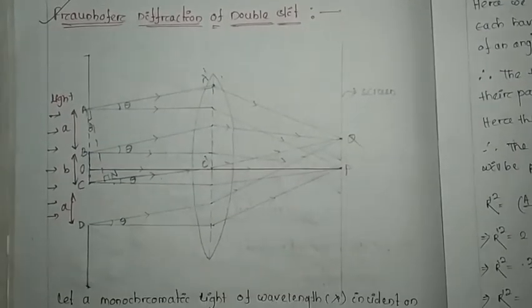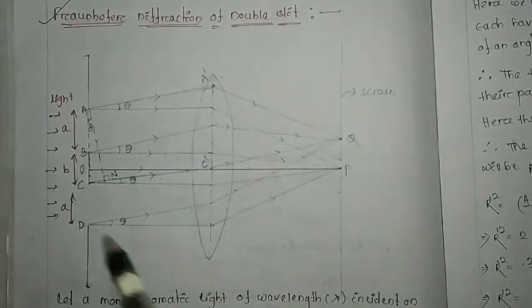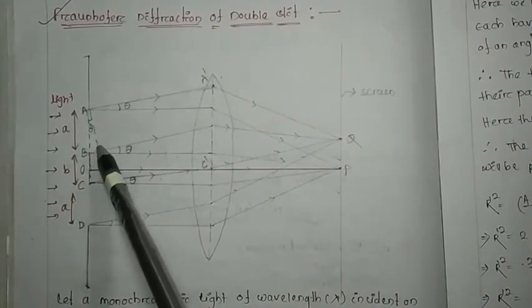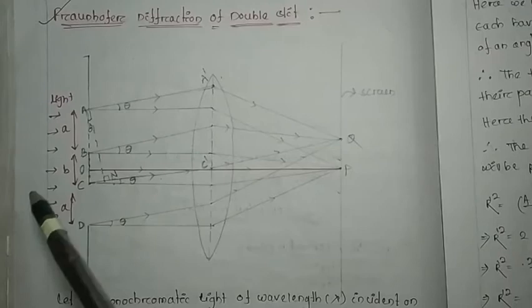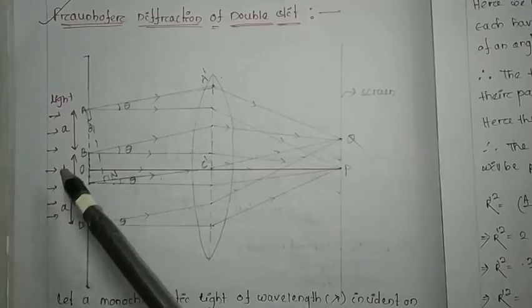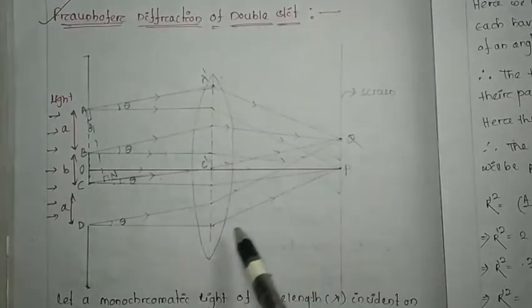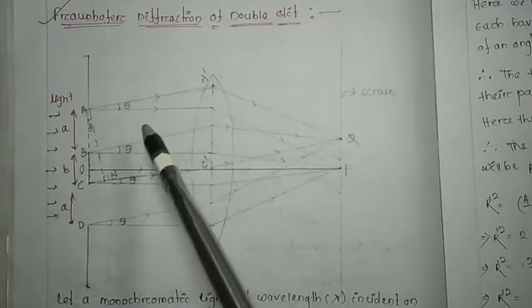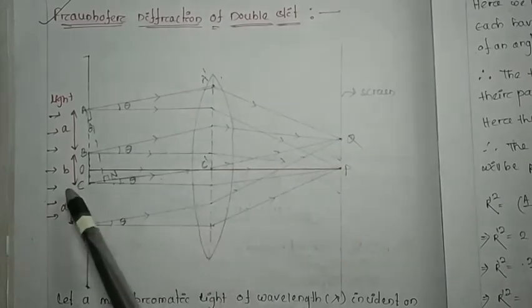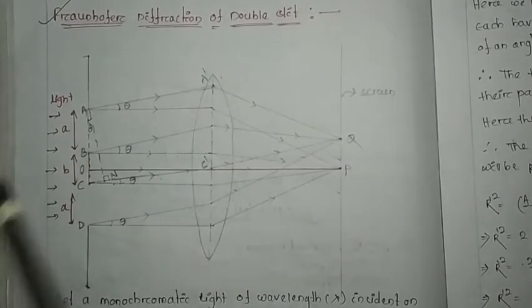So here we can observe that the experimental setup looks like two slits separated by a distance, which gives the understanding that it is an approximate arrangement of the Young's double slit.